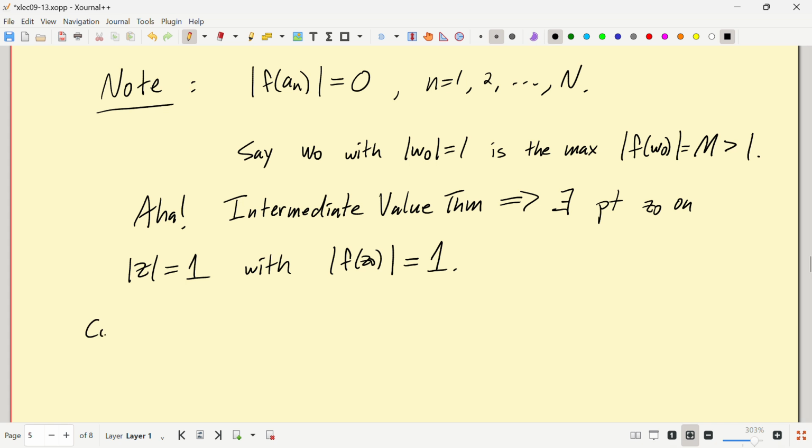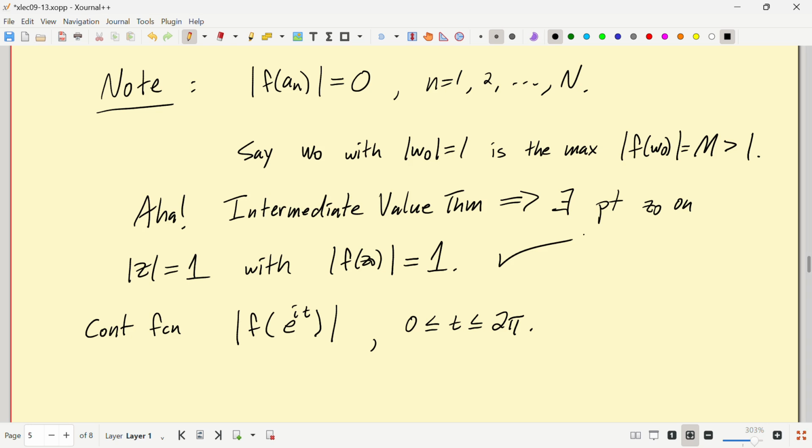The continuous function that you're going to use in the intermediate value theorem is going to be the modulus of f of e to the it. That's a continuous function, and the interval is going to be 0 to 2 pi. And that's what I wanted to get. That's kind of a fun thing to do. Sneaky way to show that your calculus facts are important.